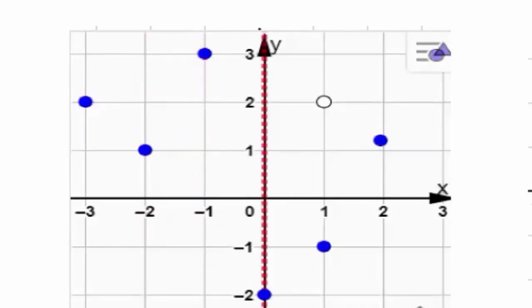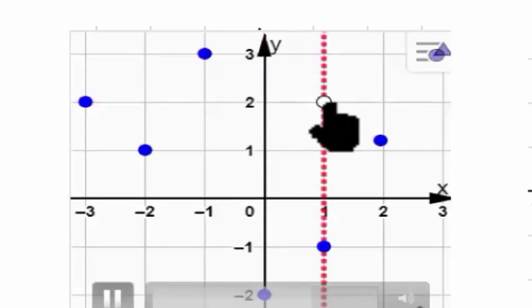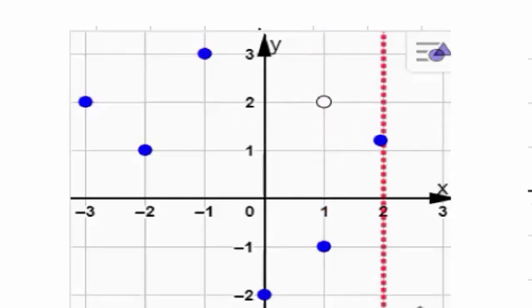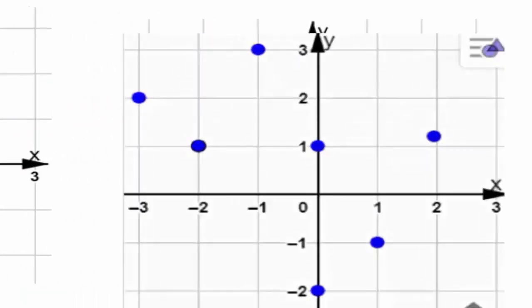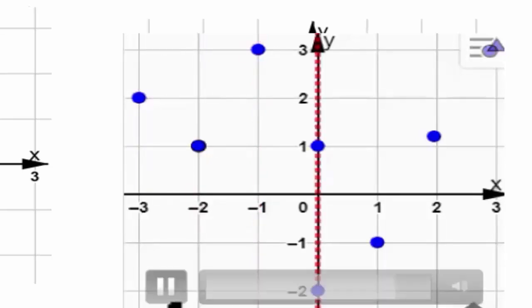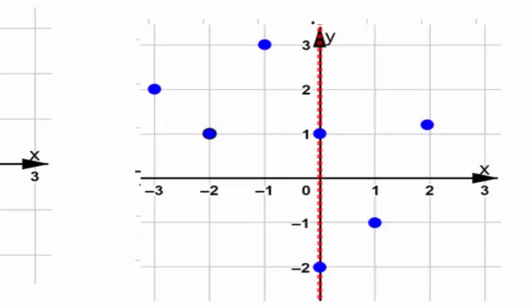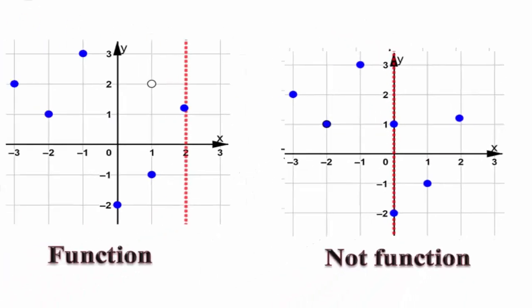If we draw here, it is 1 point. If we draw here, you can see that there are 2 points, but this point is not passing through this line. Therefore, it is a function. Here, too, you can see that the vertical lines cut the graph of this function only in 1 point, but here it cuts in 2 points, here and here. Therefore, it is not a function.